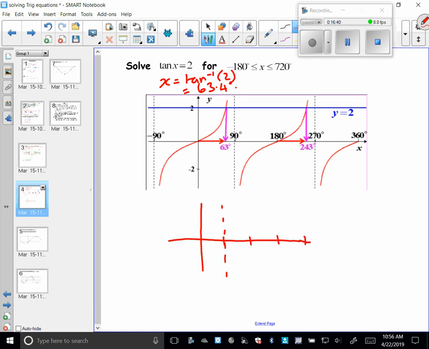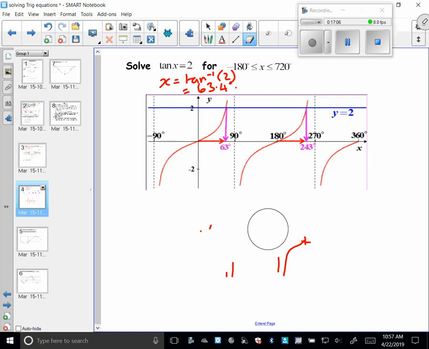I would draw an asymptote. I would then draw a blip, a kink bit, and then a blip. That's totally fine. That's how you do your tan graph. Asymptote. Blip, kink, blip.